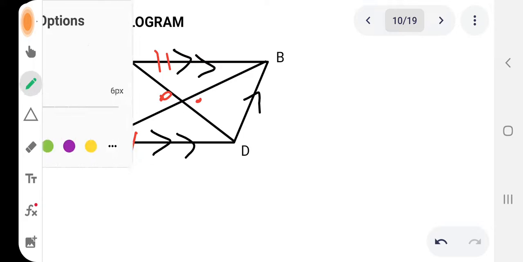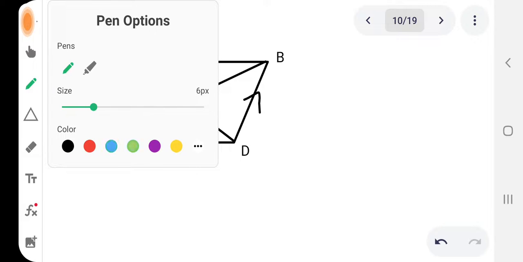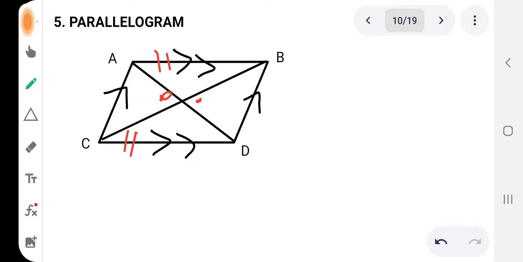Okay, so we say this, remember we have diagonals, and diagonals are lines that bisect each other. So this side will be equal to this side, and also this one will be equal to this one.